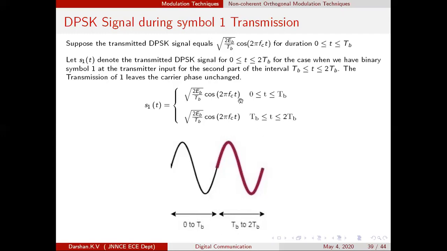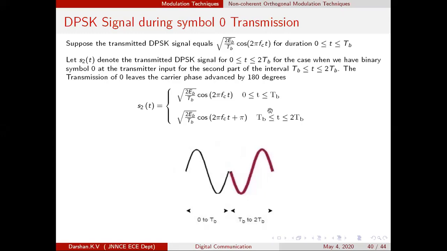Depending upon the initial phase, they change the phase of the carrier based on the symbol. If the symbol is 1, there is no phase change. How are they going to represent it? For 0 to TB, this is the initial time interval. Then if you want to transmit symbol 1, for the next time interval, TB to 2TB, you transmit this signal, meaning no change in the phase.